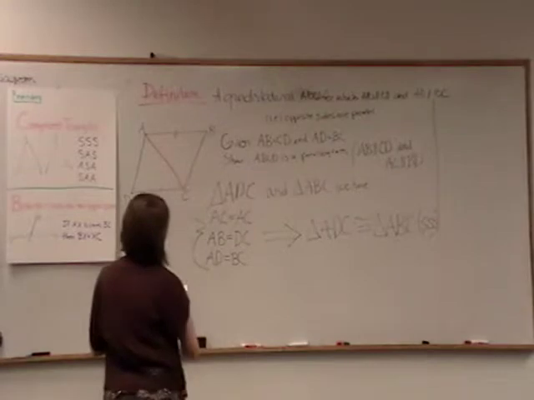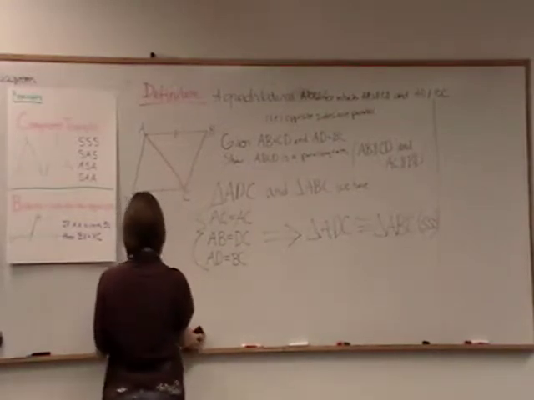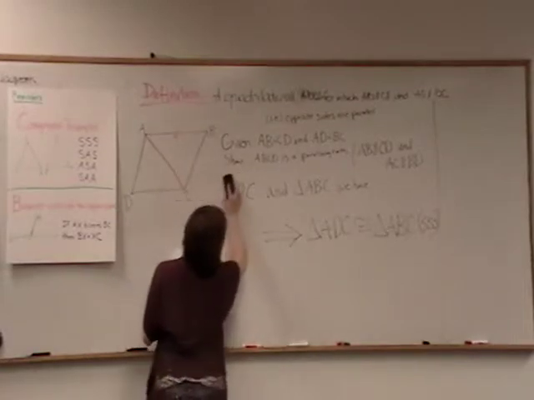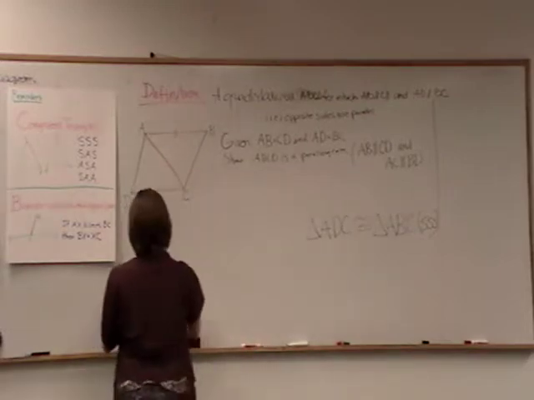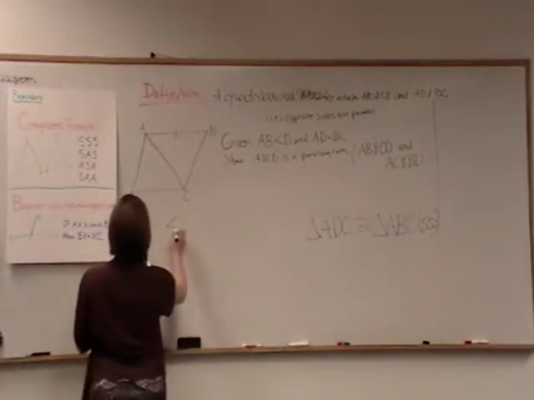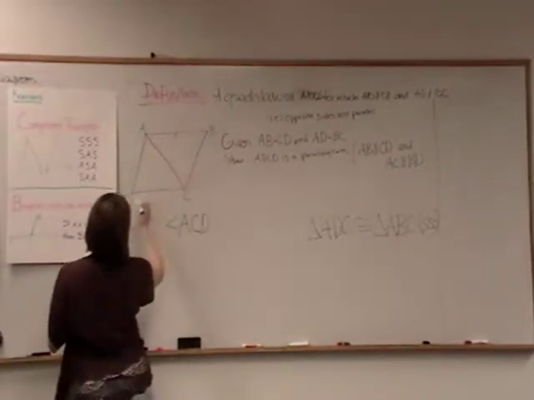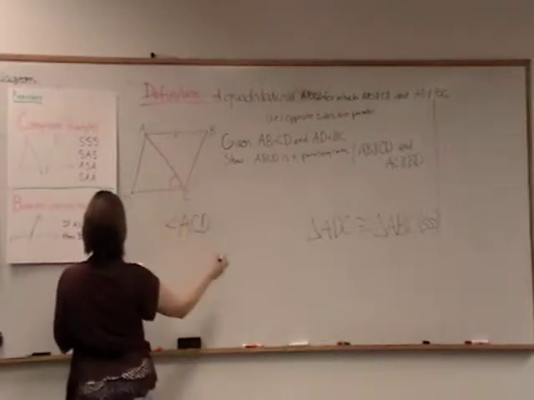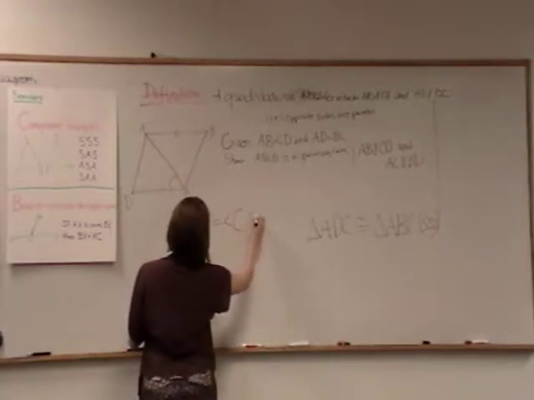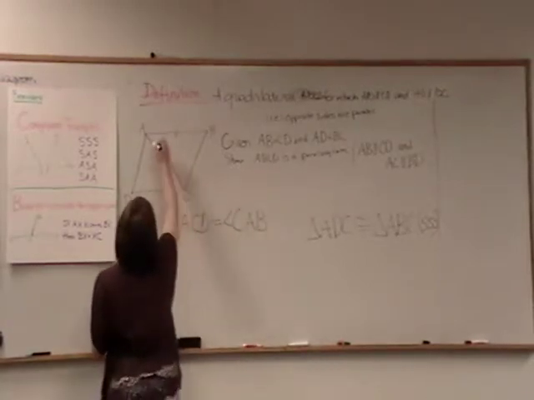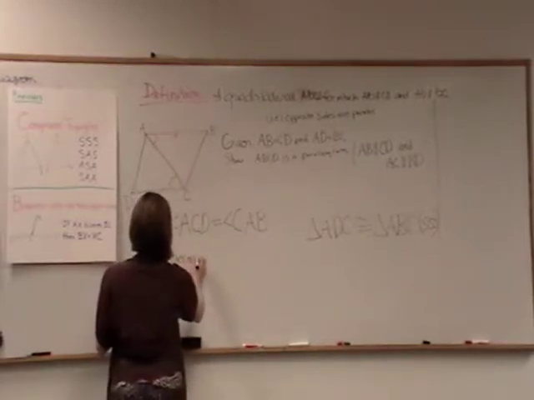Okay, so now that we know that these triangles are congruent to each other, we have that angle ACD is equal to angle CAB because they're corresponding angles.